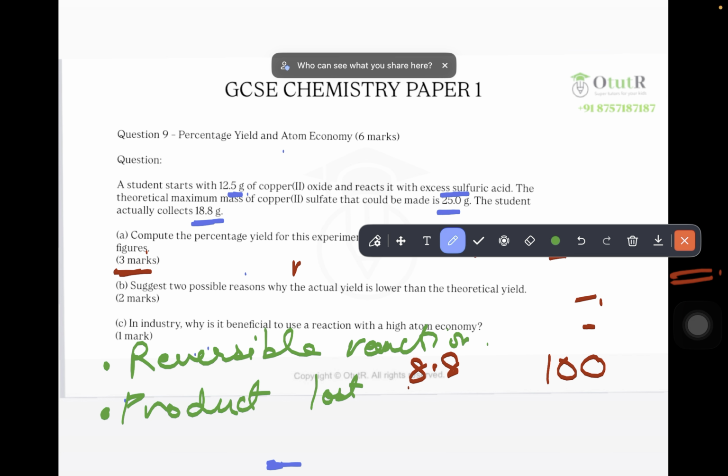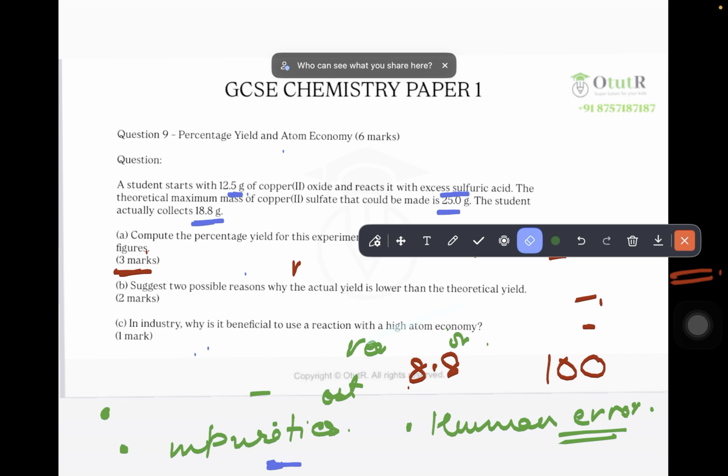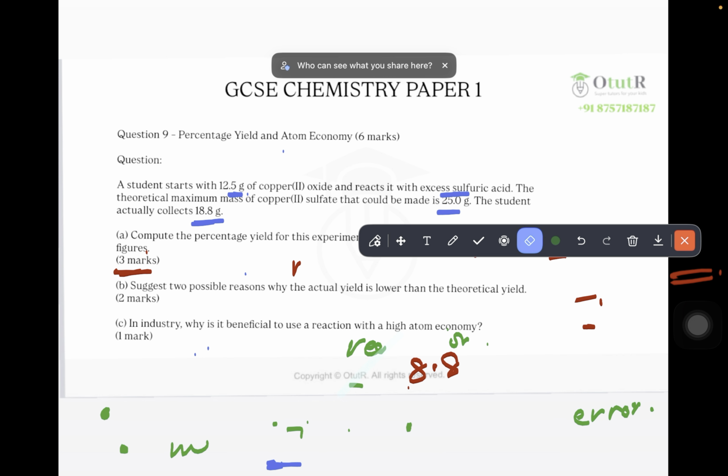Third can be impurities in the starting material. Then last can be the human error, because not all product is collected. Therefore, any two among these four you can write in your answer.